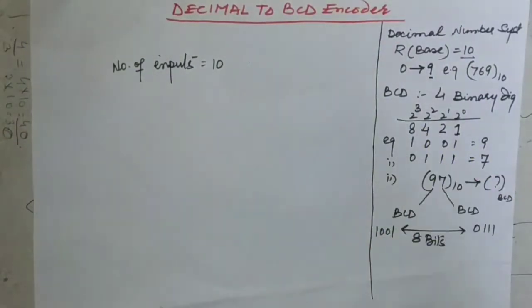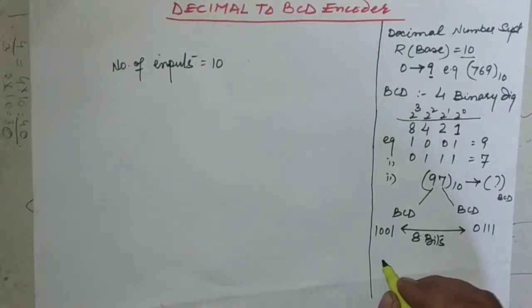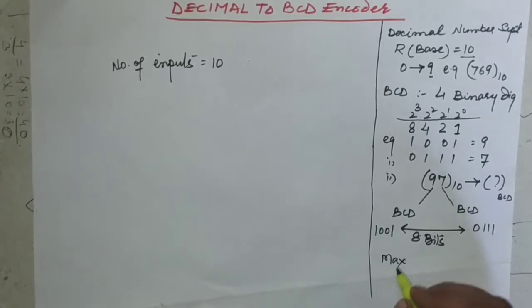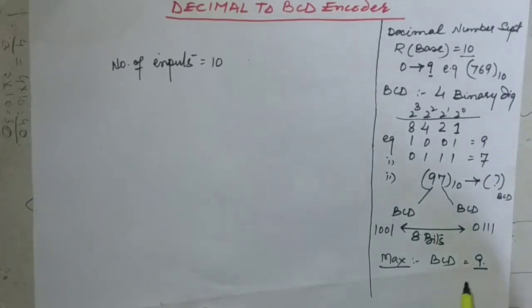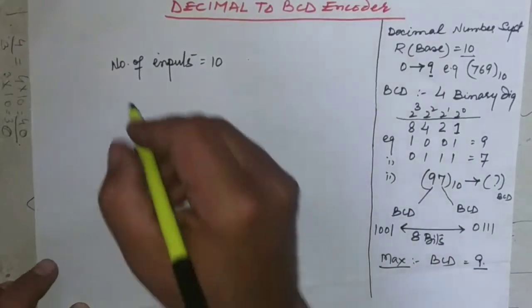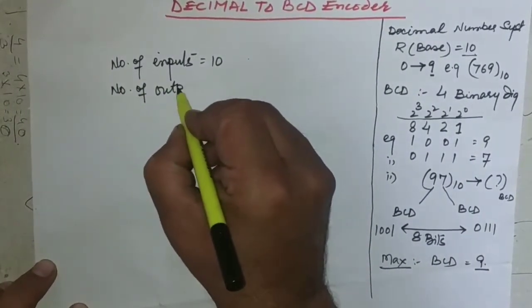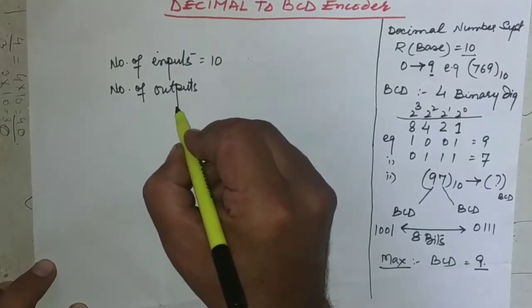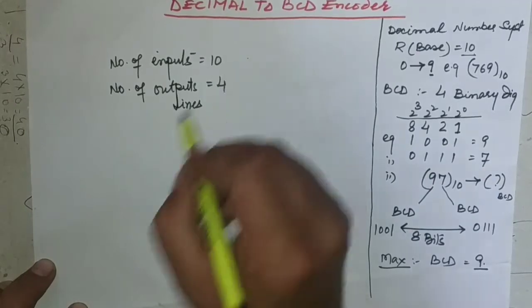This is just the review of the last lectures in which we discussed the number systems, and we also know that the maximum value a BCD number can hold is 9. So that's what we need for output lines. So we can say that the number of output lines is equal to 4.